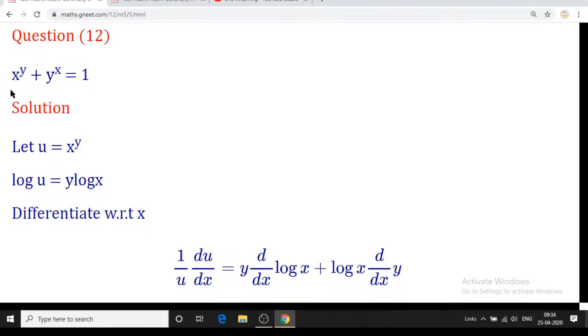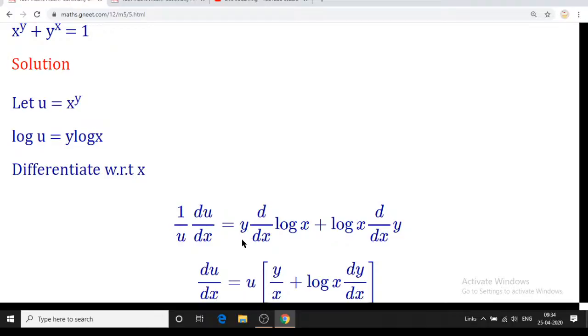तो नेचुरली पहला पार्ट u एज्यूम करेंगे. So u is equal to x raised to y. So when you take the log on both sides, log u is equal to y log x. Now differentiate. Derivative of log u is 1 by u du by dx. Here y is one function, log x is another function.